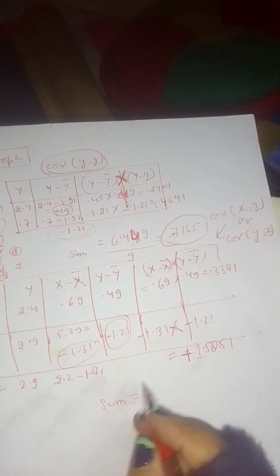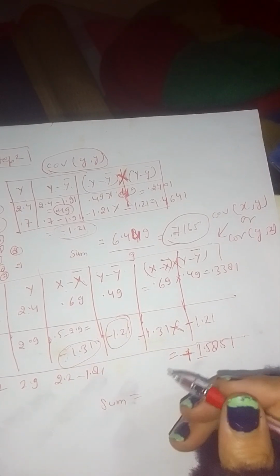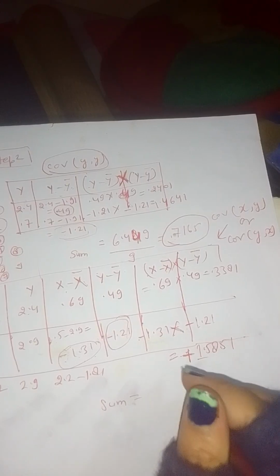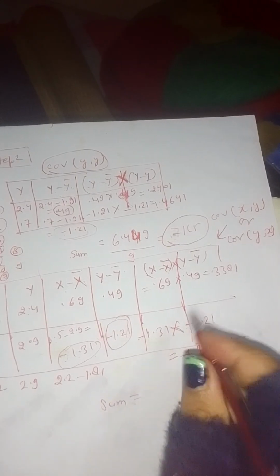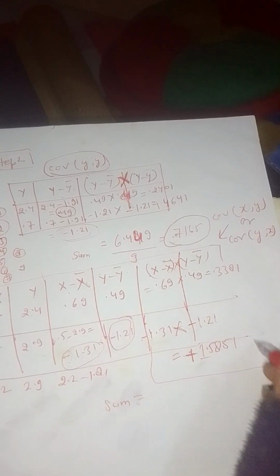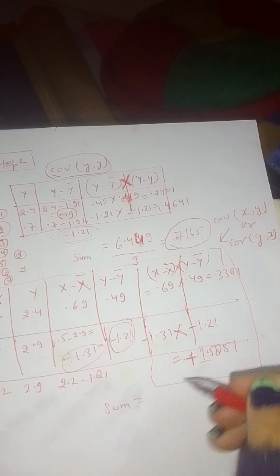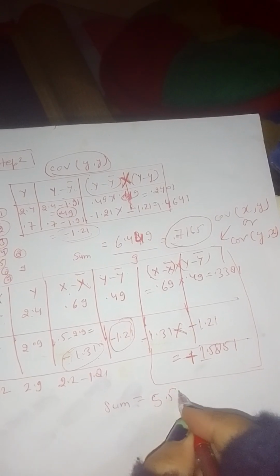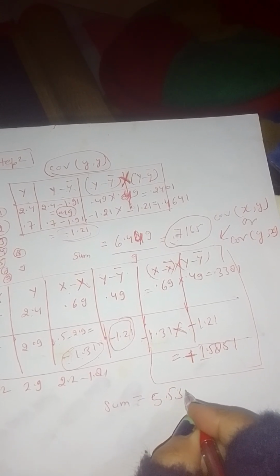So what would be the final outcome when we calculate the whole table? For 10 records, the final outcome would come as 5.5380 divided by 9.